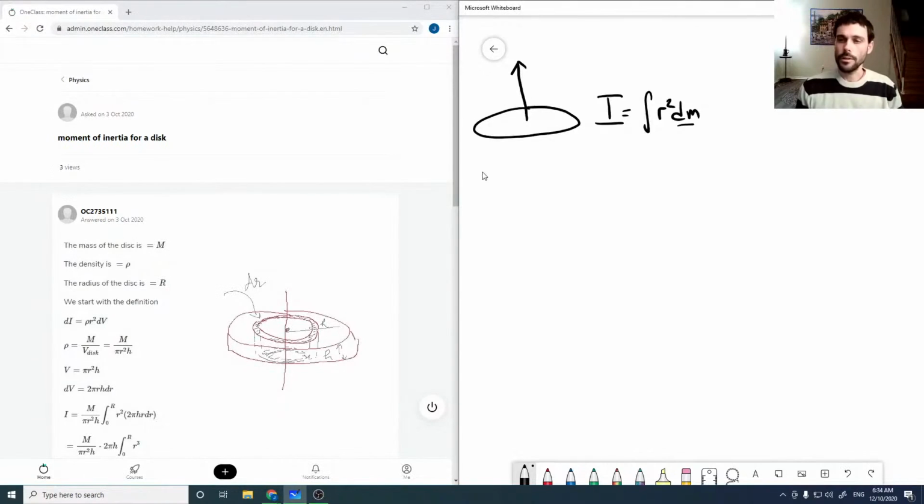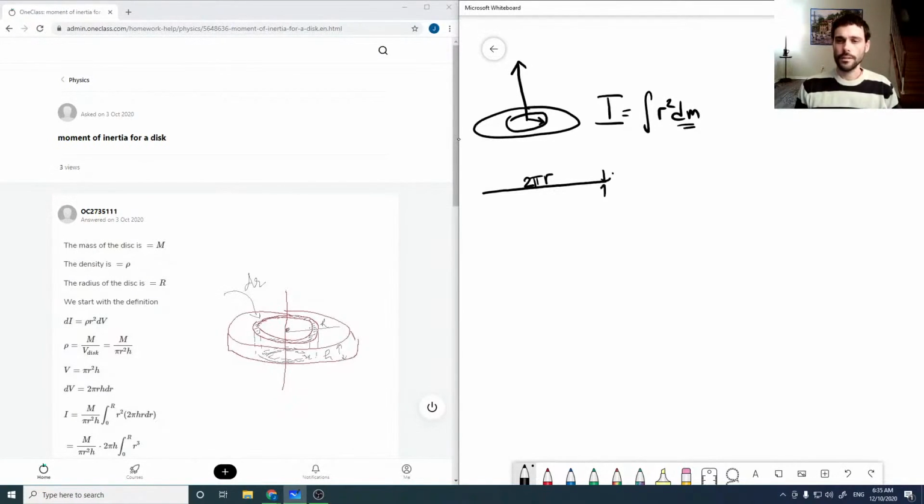And the trick is always to identify this dm. And so if we consider a small area of mass at some r away, and some thickness dr, we can extend this out. And so this length would be 2 pi r because it's a circle.